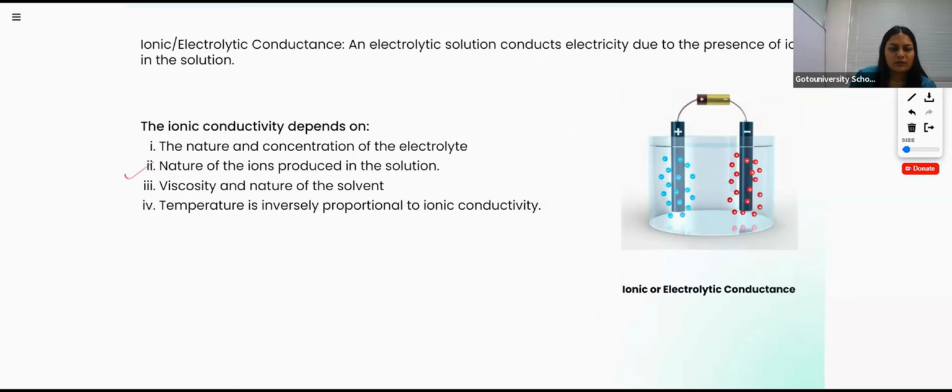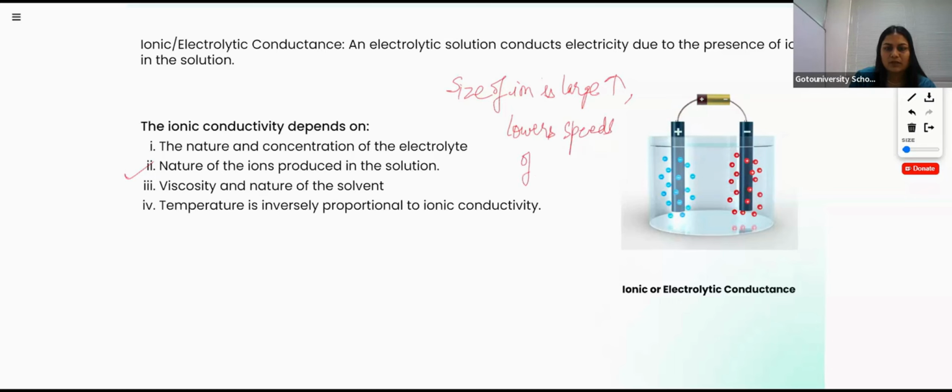It also depends on the size of ions produced. If the size of an ion is large, then the speed of conductivity will be low.